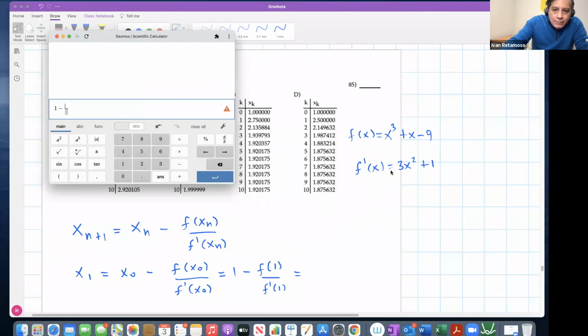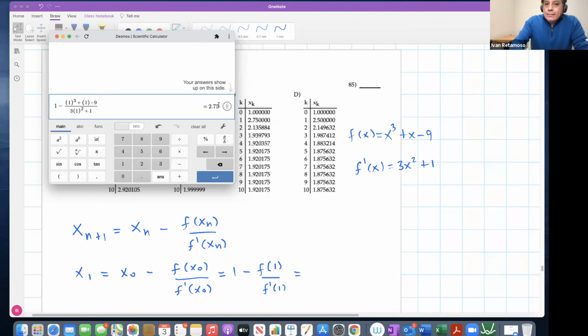The evaluation of the function on the top, and allow me to use parentheses and do 1 cubed. You may say, but Professor, 1 cubed is 1. Yeah, I'm just doing this because later we're going to substitute wherever we see 1 within parentheses the new value, so it's an efficient way to get this done. And on the bottom, 3 times parentheses 1 squared plus 1, right?